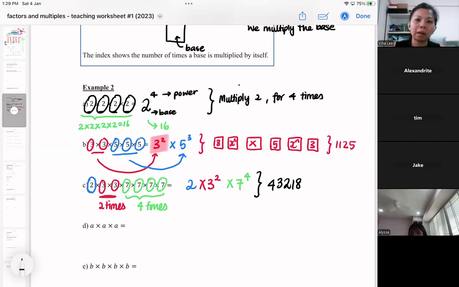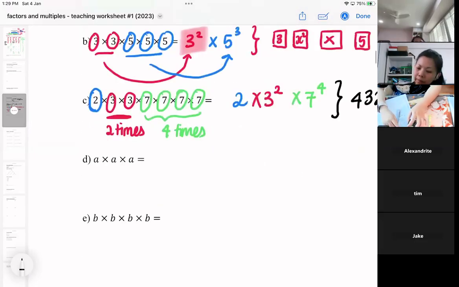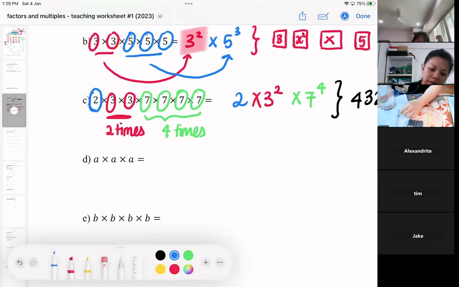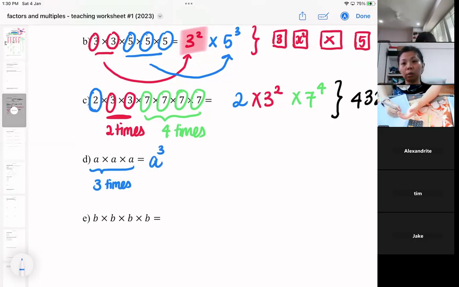Okay, the next part, we cannot punch calculator already. This is the algebra part. Here, A is multiplied 3 times, so it's A cubed. There will be such things that you are going to do when you reach the algebra part. You will reach algebra in the 4th chapter.